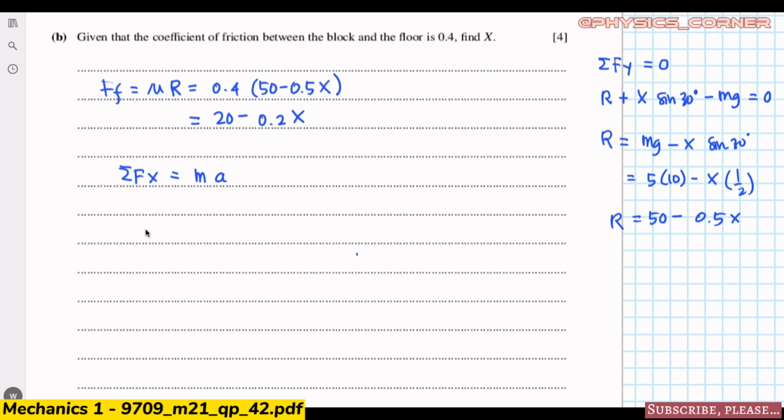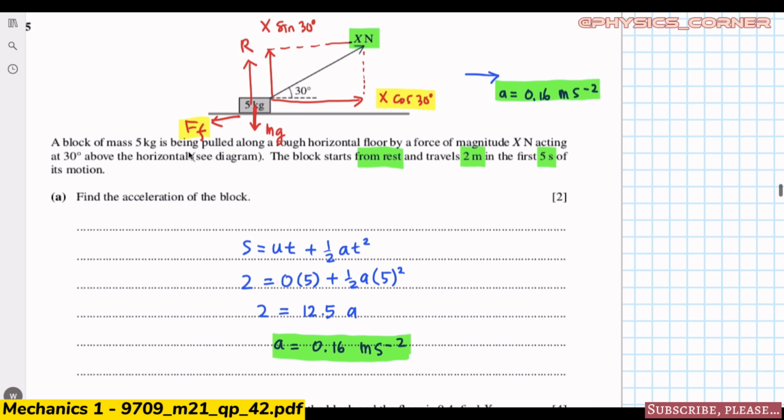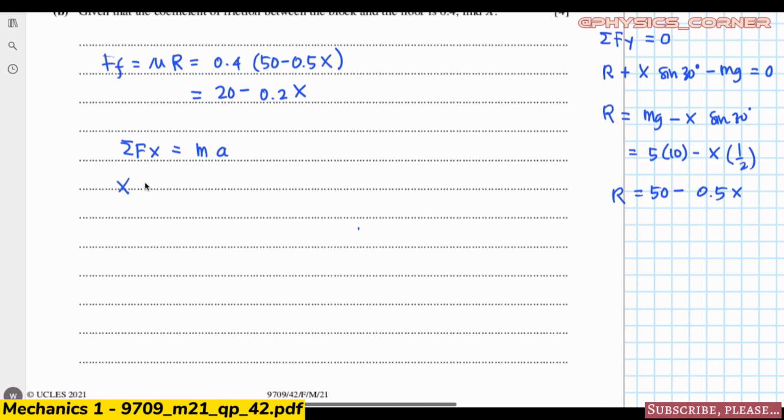In the horizontal direction we have x cos 30 and the frictional force, so x cos 30 minus frictional force equals ma. x cos 30 is a half root 3, and here 20 minus 0.2x equals mass 5 times acceleration 0.16. Is it correct? Yes, 0.16.